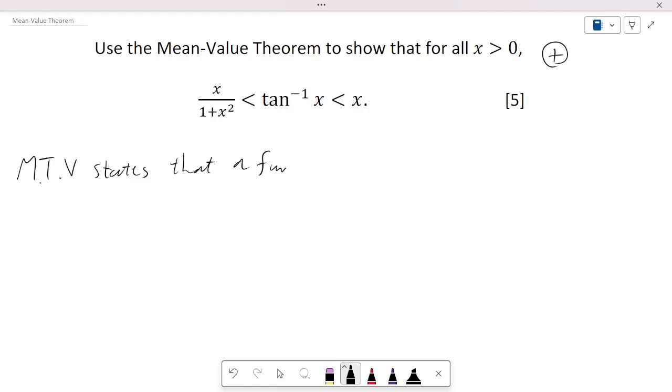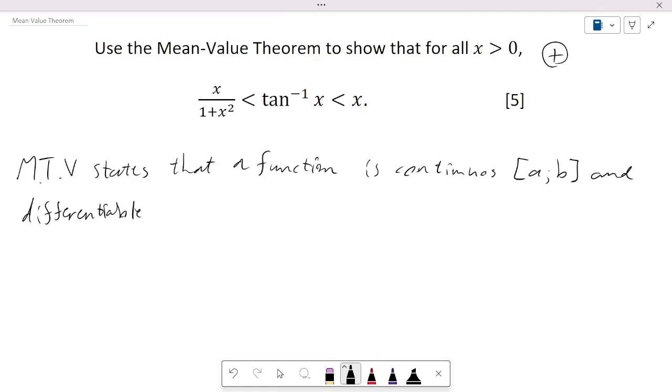a function is continuous on a closed interval from a to b, and it's also differentiable on an open interval from a to b, so that there exists a c value which is within the interval of a and b.